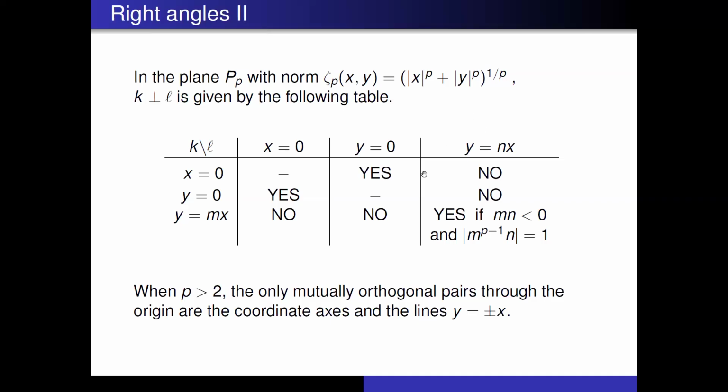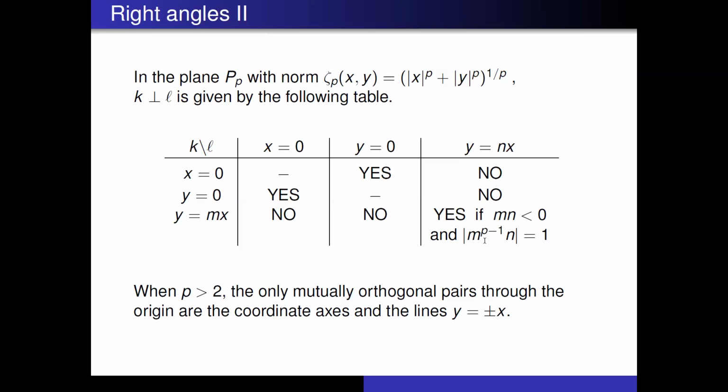And here we see that the axes are perpendicular. They're not perpendicular to anything else. And now, if P is 2, when are two lines perpendicular? It's when m times n equals -1. m is -1 over n. Okay, so great. That's a symmetric relation, and it's no problem.